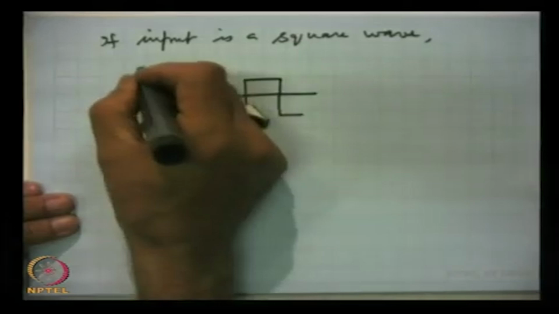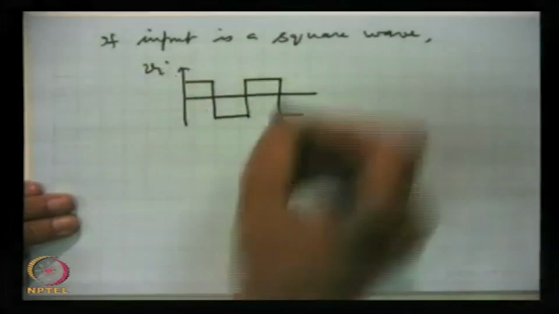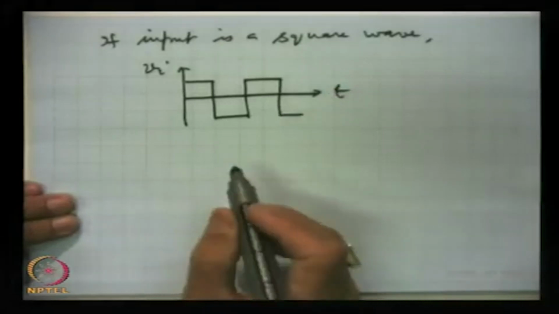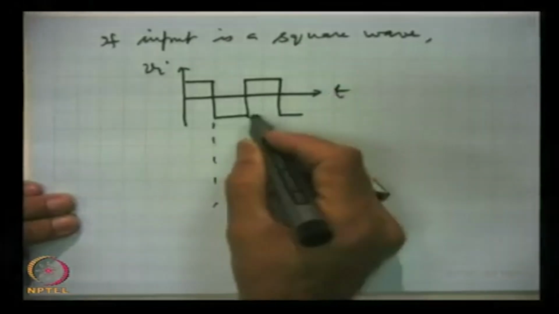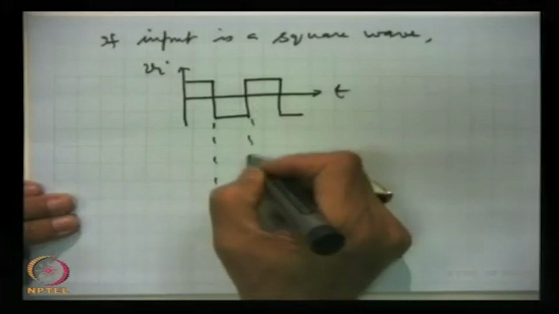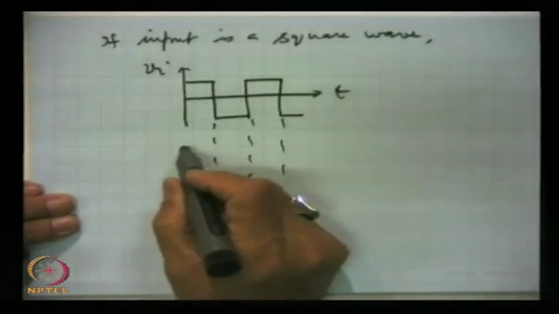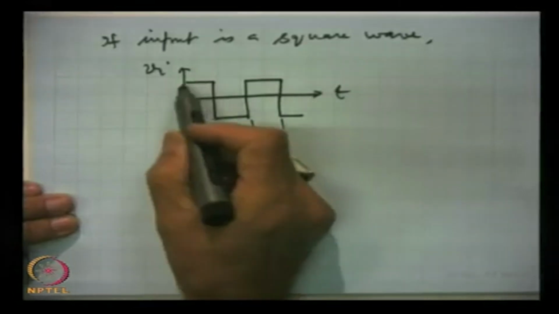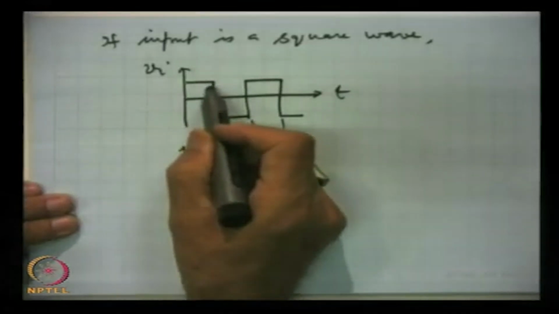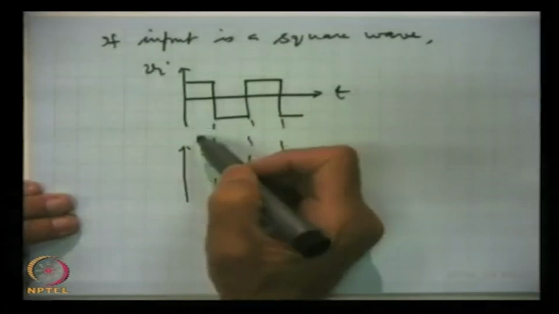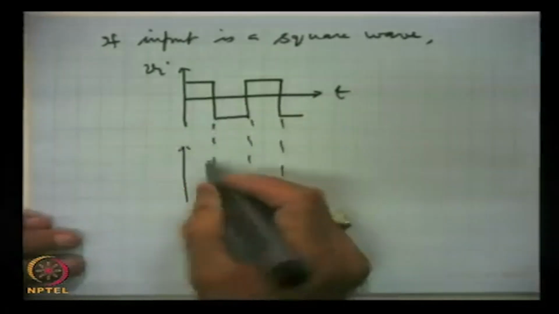This is input, a square wave, this is time, then the output, this is constant, so it will be a ramp, and then this is also constant, it will be a ramp, and these two ramps will be going in opposite direction.